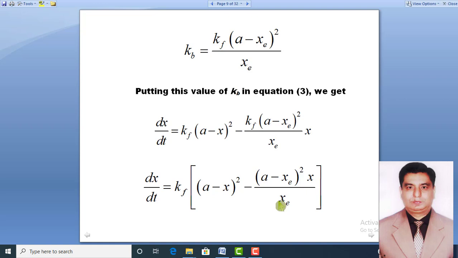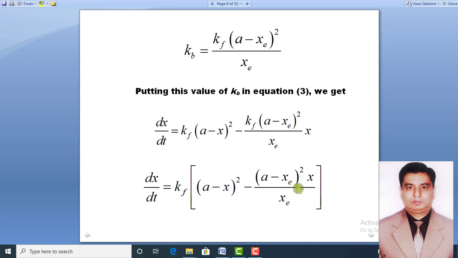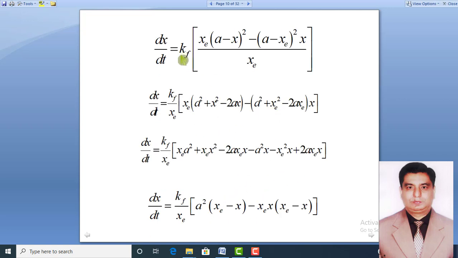Dear students, here Xe in the denominator can be taken as the LCM. So by taking the least common multiple, this equation can be written as Kf over Xe into [Xe into (A minus X)² minus (A minus Xe)² into X].